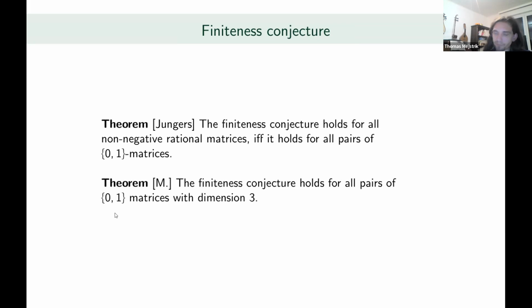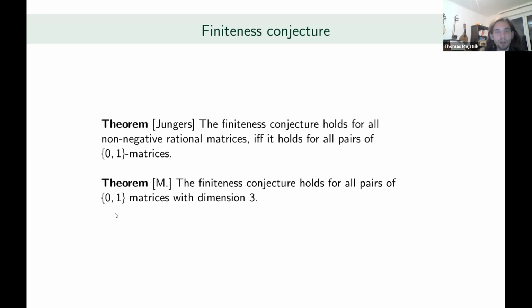And there's a theorem by Jungers and Blondel, which states that the finiteness conjecture holds for all non-negative rational matrices if it holds for all pairs of matrices with entries 0, 1, and a similar theorem for all rational matrices. For those, the finiteness conjecture holds if it holds for all pairs of matrices with entries -1, 0, and 1.